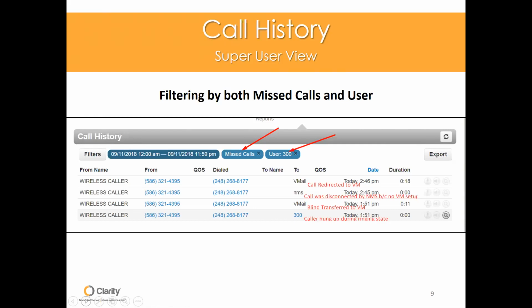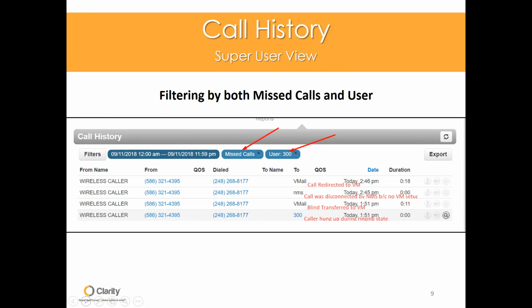This second call was blind transferred to voicemail. This call was disconnected by NMS because no voicemail was set up. So Abby, was that your question of when does NMS appear? This would be a second example of our PBX NMS hanging up, saying there's no voicemail, I don't know what to do with this, I'm gonna hang up on you. And then this one, call redirected to voicemail.